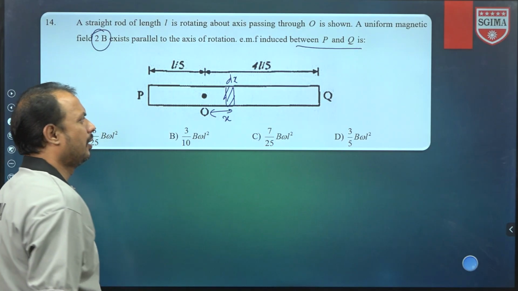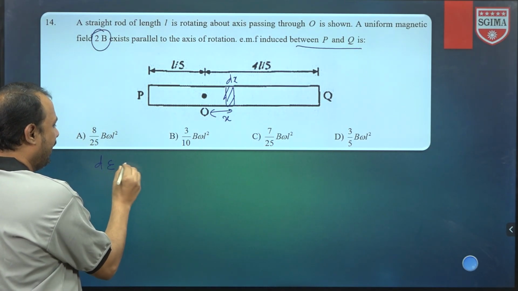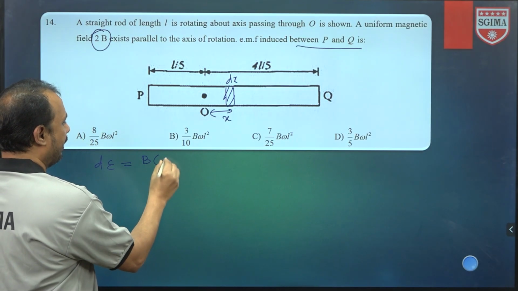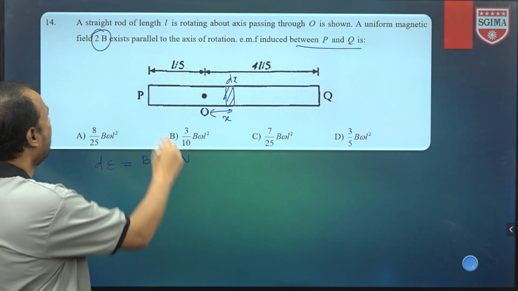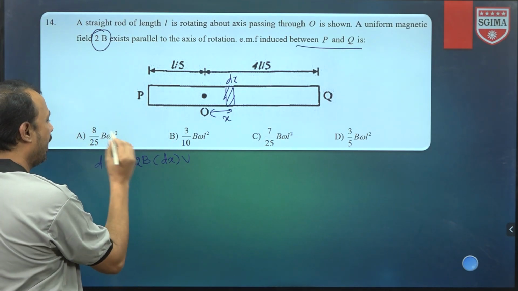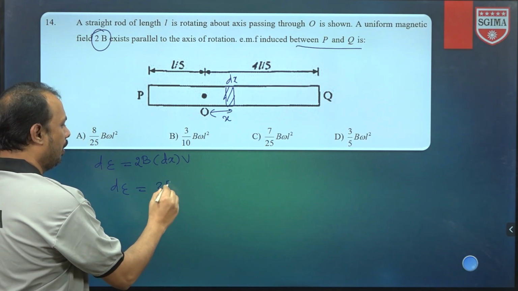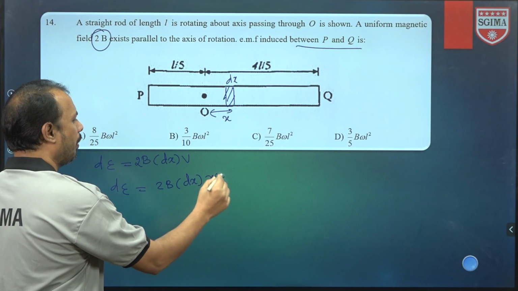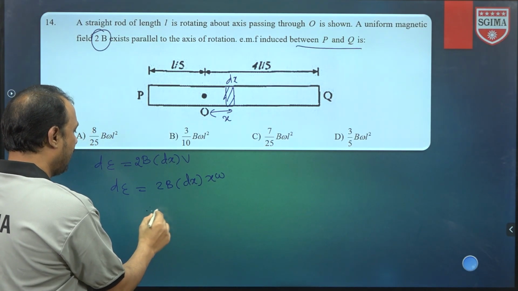In this element, the induced EMF dE equals B L V, where V is the velocity, but the magnetic field we have is 2B. According to rotation, V equals r omega, that is x omega.